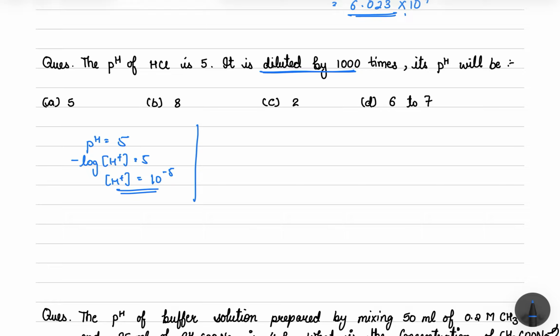Concentration is nothing but number of moles per unit volume. So if volume you are increasing by 1000 times, concentration will decrease by 1000 times. So final concentration of H plus ion will become 10 raised to power minus 8.